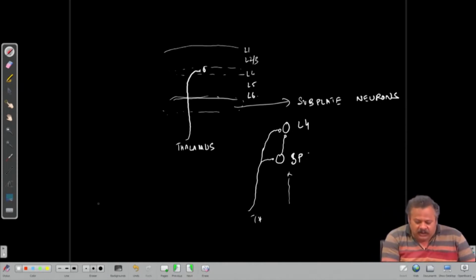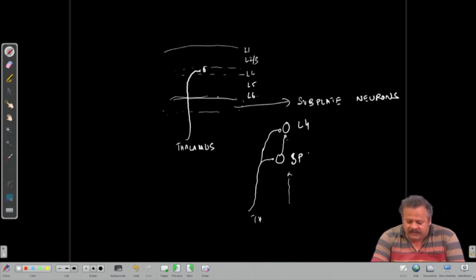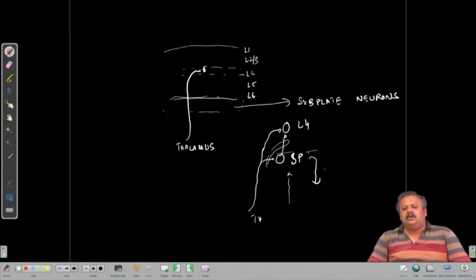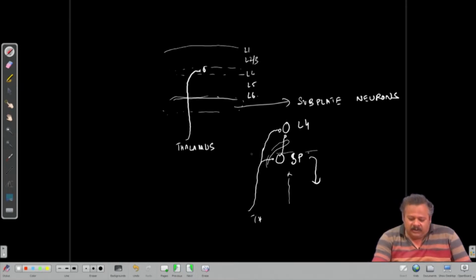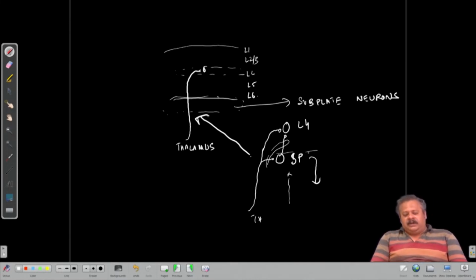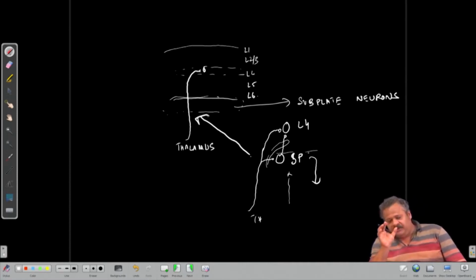Gradually, with development, these connections die away, and the subplate layer, as I said, is transient, so that also goes away, and what we get is the final circuitry in the adult. This subplate is present in a very specific period of time during development, and it also happens to coincide with the critical period plasticity that is observed in the sensory systems.